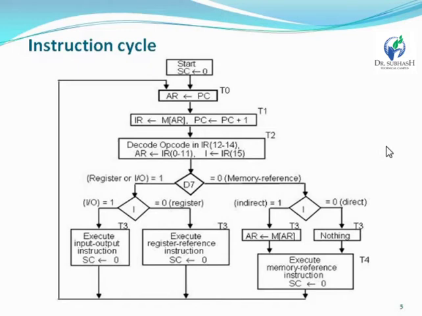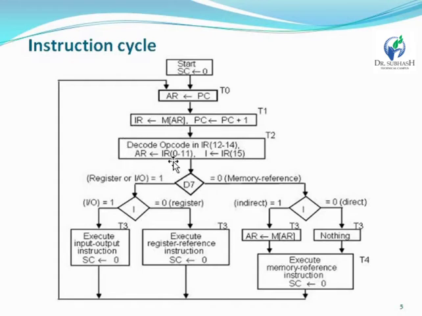This is the explanation of the instruction cycle. The initial condition is sequence counter 0, then it goes to the address register, then the program counter is increased with the address, we can store it in memory and go to the instruction register.